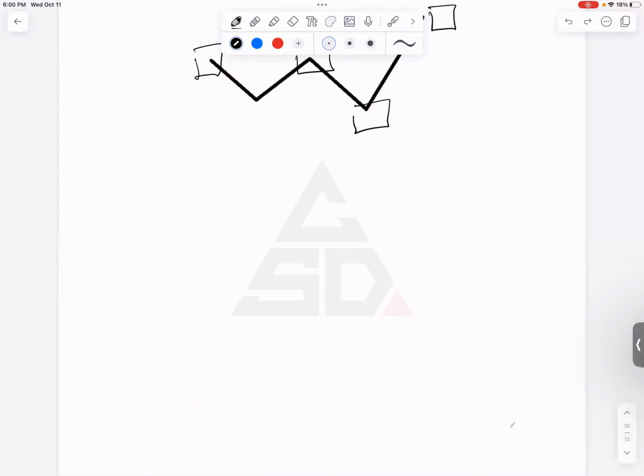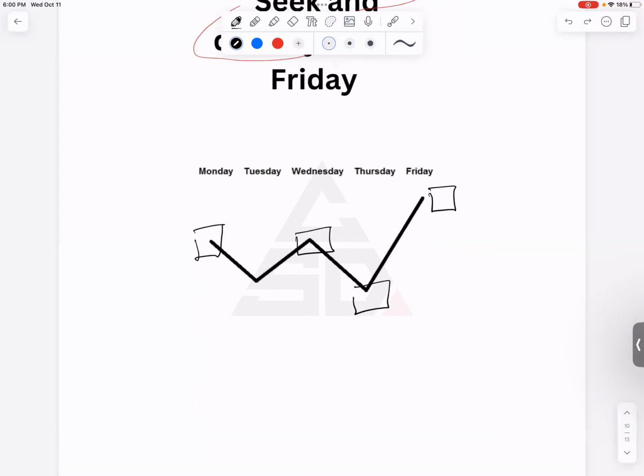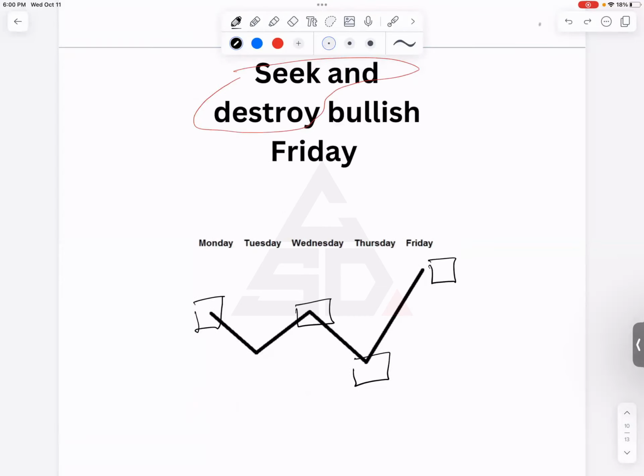That's about it. Oh, one more thing, I've got to show you the candle closure. So this is the candle closure for seek and destroy. Like I talked about previously, one of the things people miss when explaining seek and destroy is that it usually forms candles like this. This right here would be a buy.